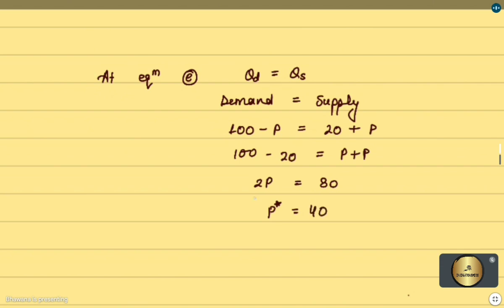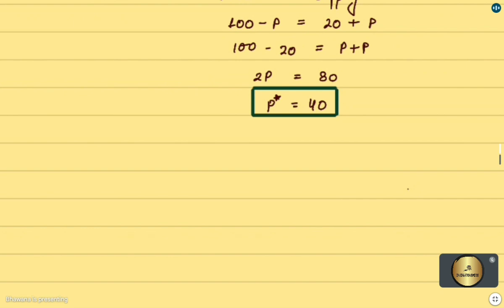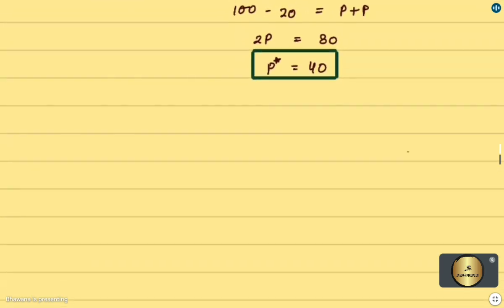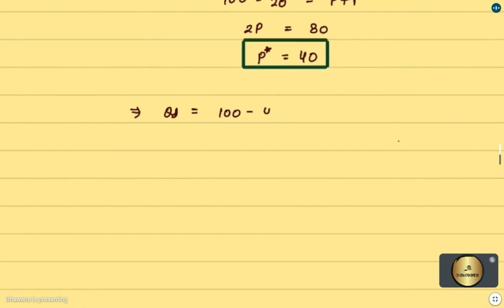Okay, so you got your P star. This is your equilibrium price. Now we have to put this P into either the demand function or the supply function to get the equilibrium quantity. So let's put it in QD. We have 100 minus P. Price is 40, so you will get 60.